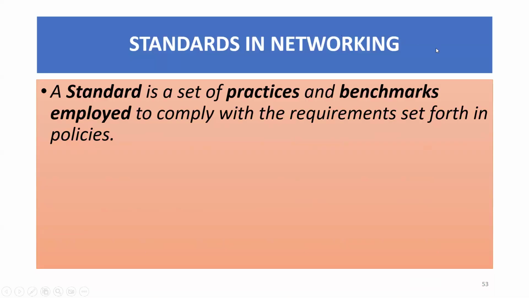So the standard serves as a benchmark for our day-to-day activities in networking. When you look at every institution or organization, there are organizational memories that are used as a guide for doing things in a particular organization.